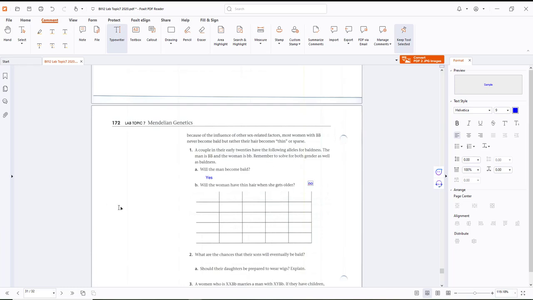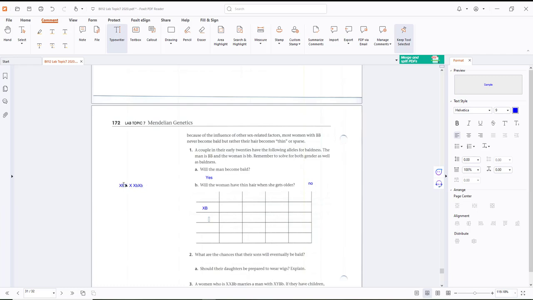Okay, so we know that his genotype is X big B, Y, and hers is X little b, X little b. So if we solve for this, we have X big B, Y. Oops, scratch that.